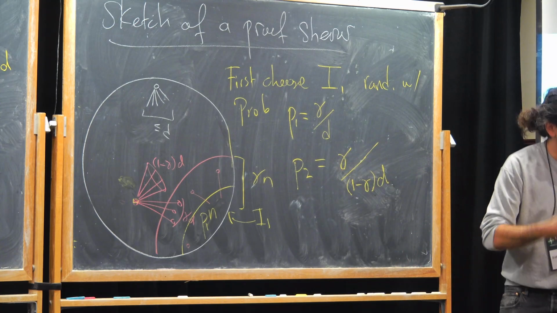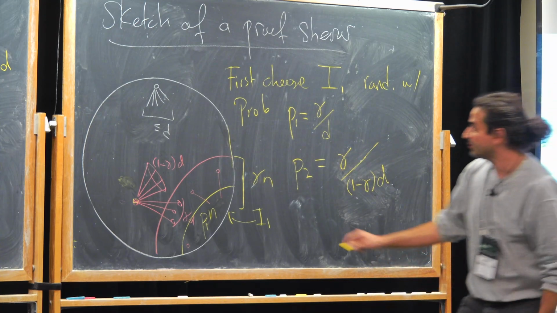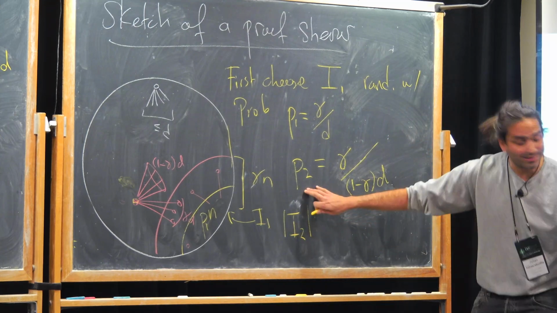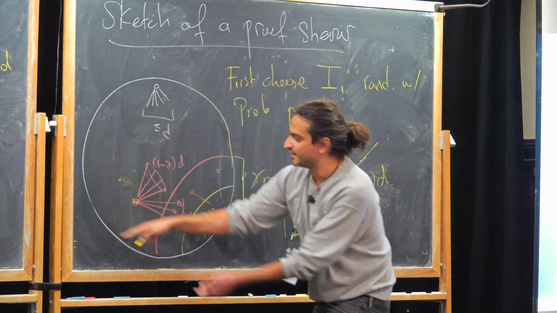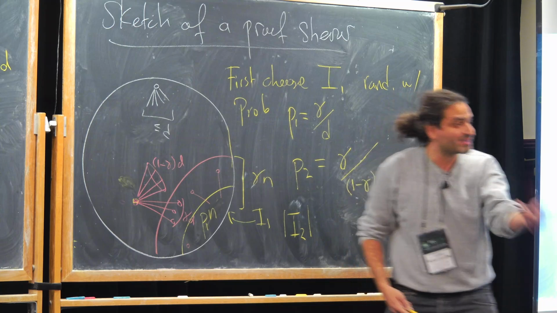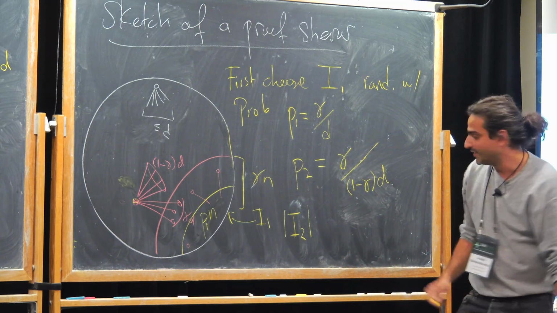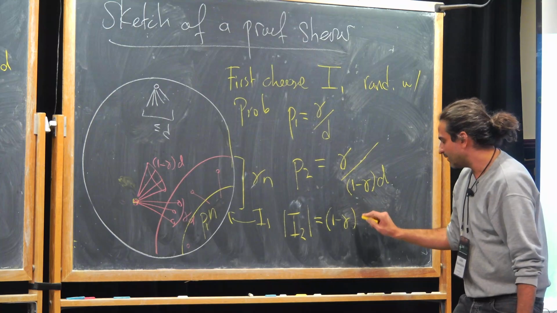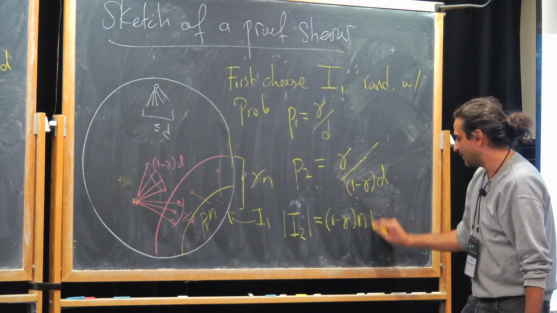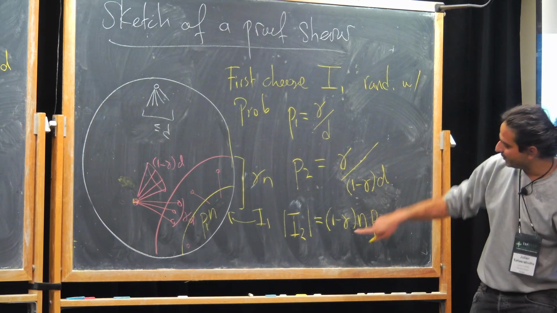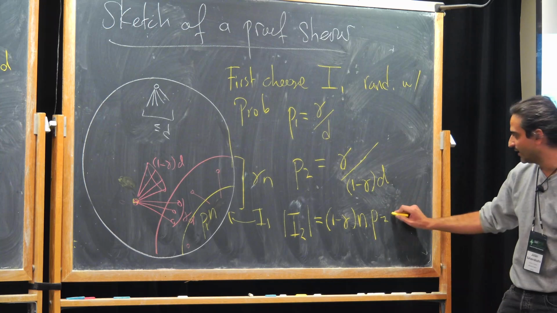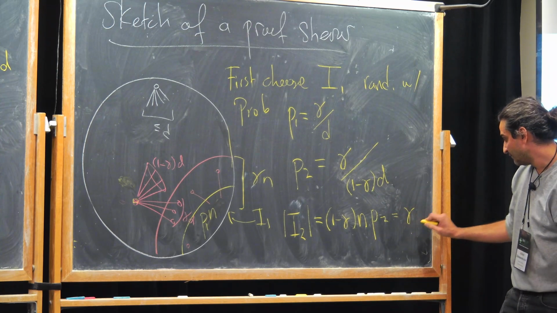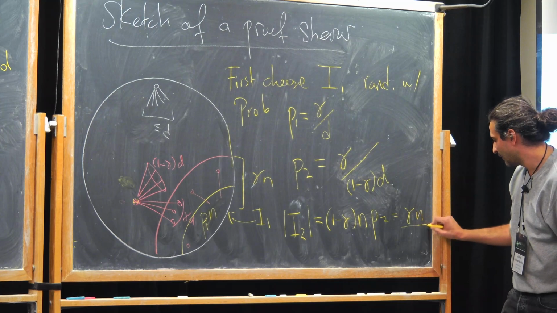How big is the whole set that I choose? What's the size of my I2? Right, so that was the density I chose, but I only chose it in this part of the world, but that was 1 minus gamma proportion of the world. So I2 is 1 minus gamma times n times P2, and now this gamma will cancel with this one. So this is, oh my god, gamma over nd.